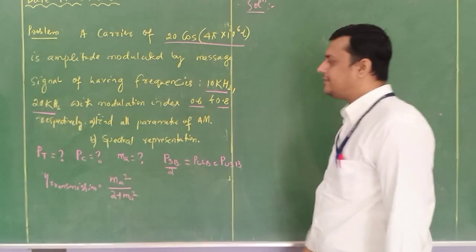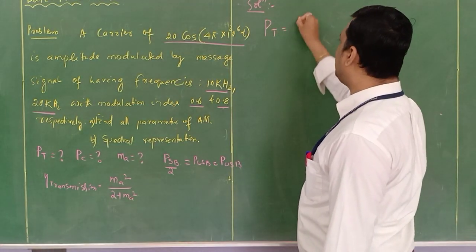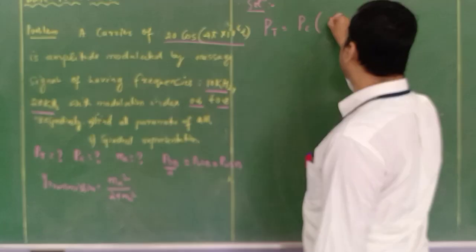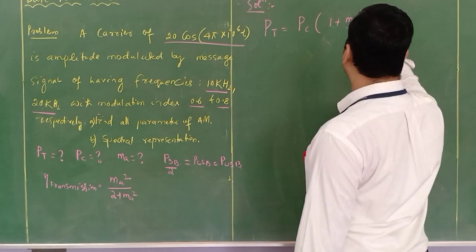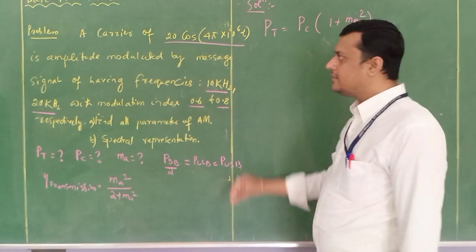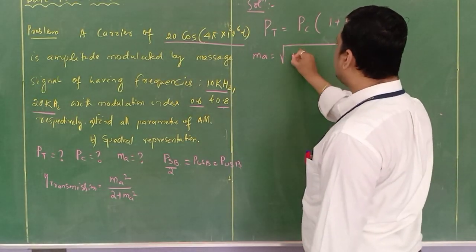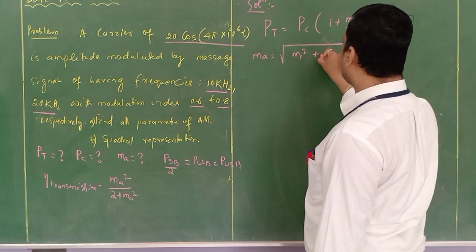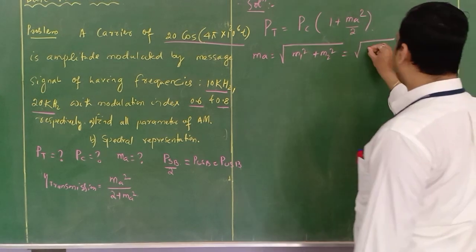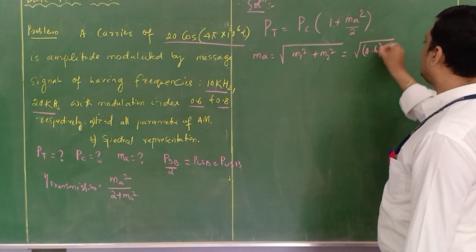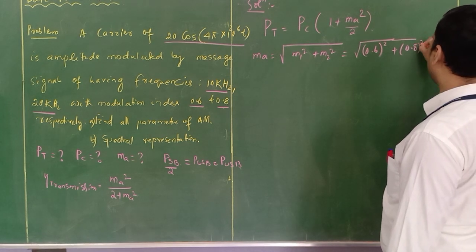Okay. So first I will write the relation. Transmitted power equals carrier power times 1 plus MA square divided by 2. Then in order to calculate MA, it is M1 square plus M2 square, which is 0.6 whole square plus 0.8 whole square.